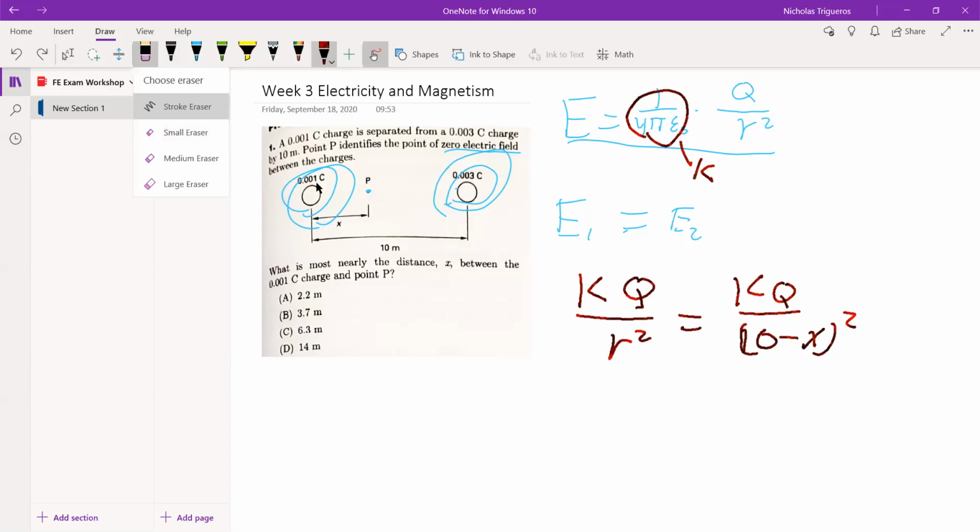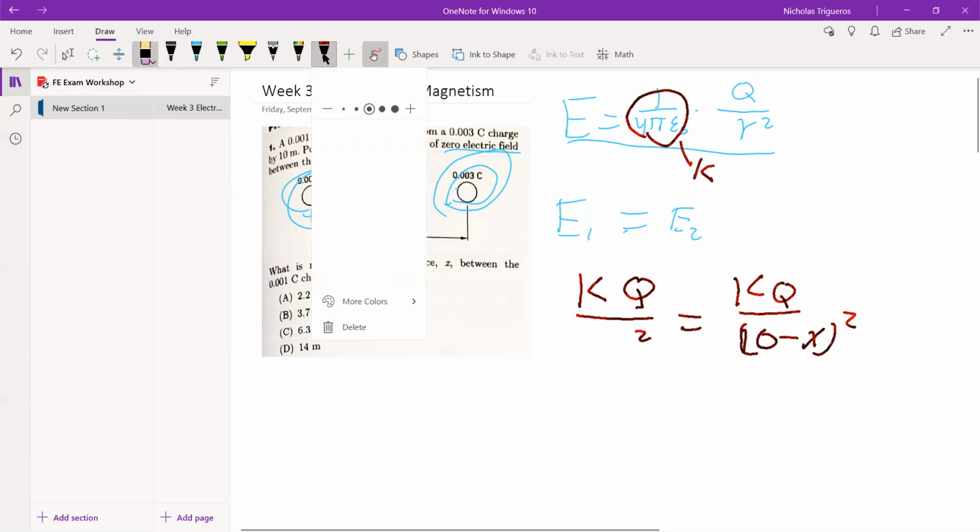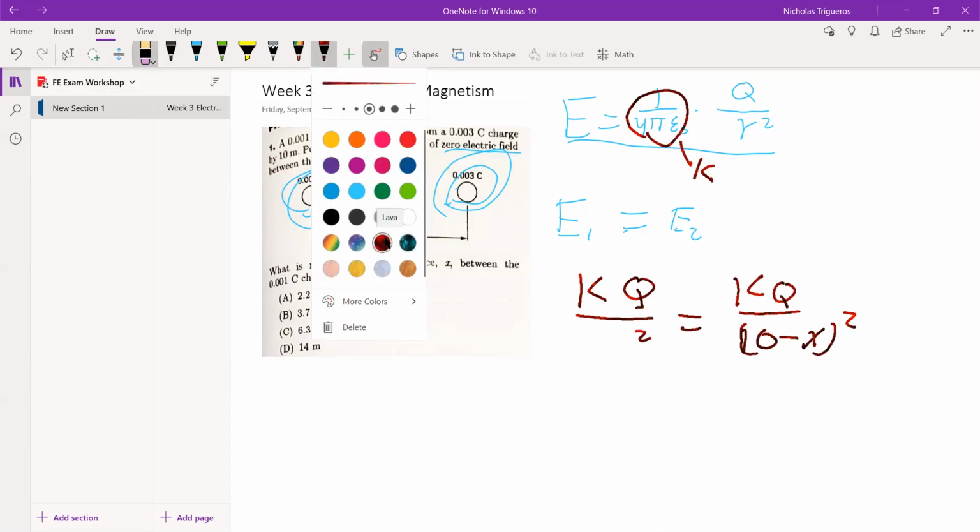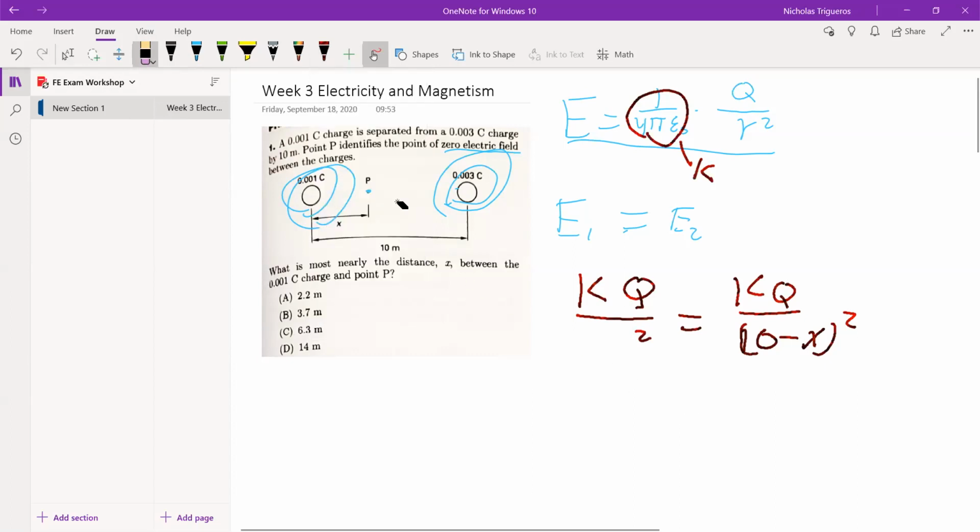Come on. I don't like that. It really wants me to reselect. Drawing tablet issues.